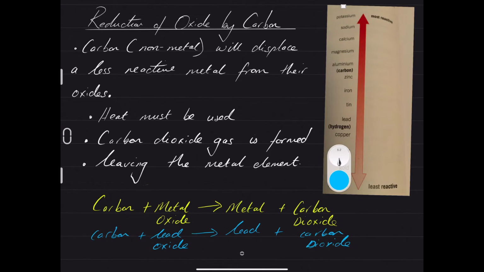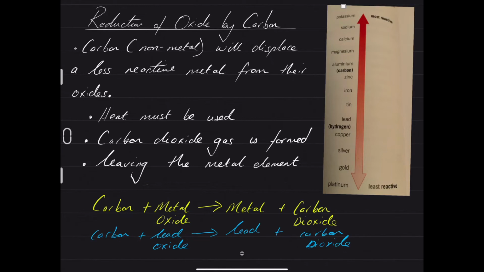Now, what I want you to do is give a balanced equation for this reaction with lead oxide. Now, I'm going to start you off for this equation. So you've got the standard word equation. The standard word equation is carbon plus metal oxide gives you metal plus carbon dioxide.